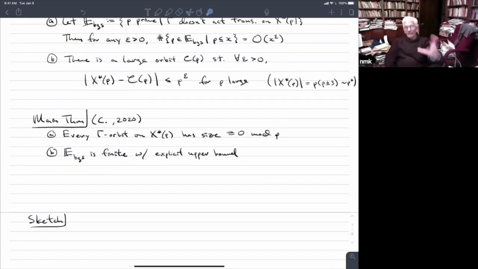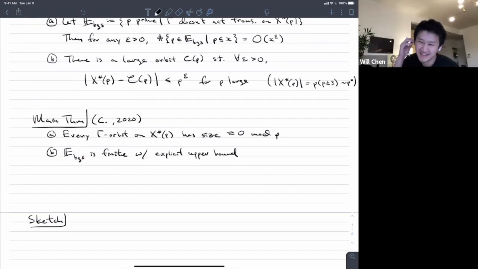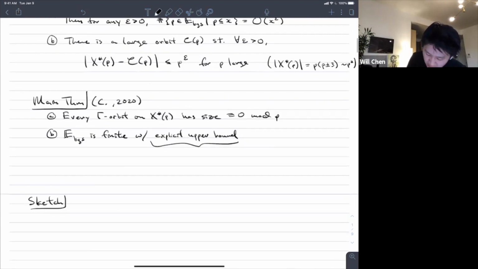Is this upper bound computationally accessible? Yeah, this essentially follows from the proof of BGS. Their methods are effective, and this explicit upper bound was worked out by Elena Fuchs. But her current best upper bound is something on the order of, I think, 100 digits or 1,000 digits.